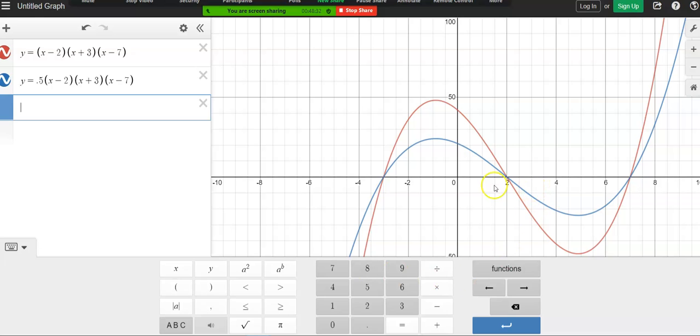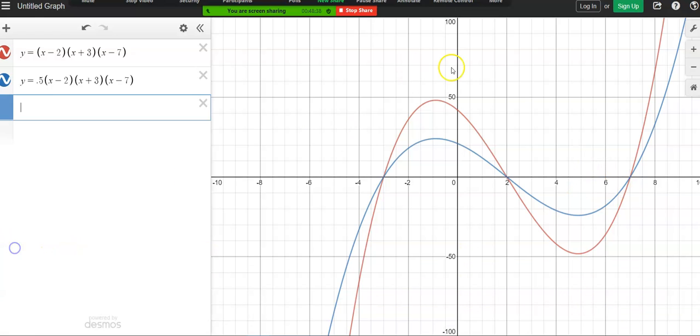Okay, so the blue graph is the second equation, and from this picture you're going to describe what they have the same and how they are different. That's your own observations.